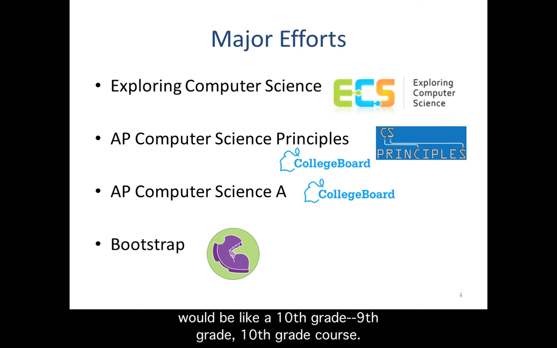This would be like a 9th or 10th grade course. Second is AP Computer Science Principles, which is just for the first year being taught this year. It's a general computer science course. It's not just a coding course. It's very popular. There's about 38,000 students taking AP Computer Science Principles this year around the nation.